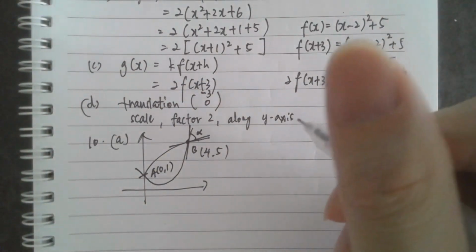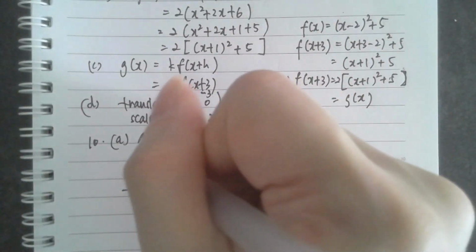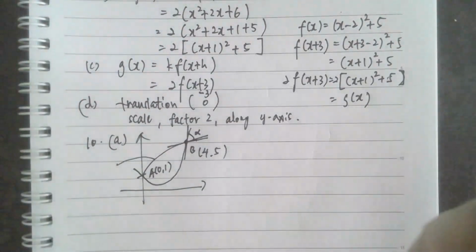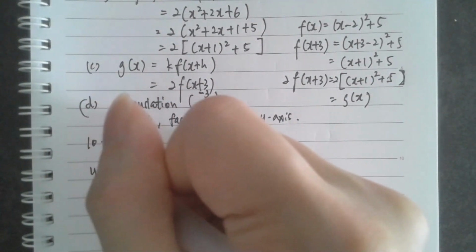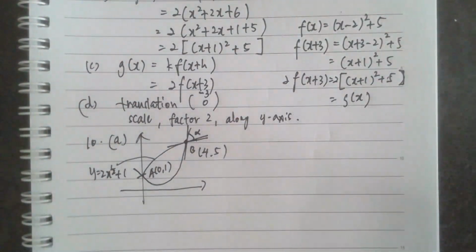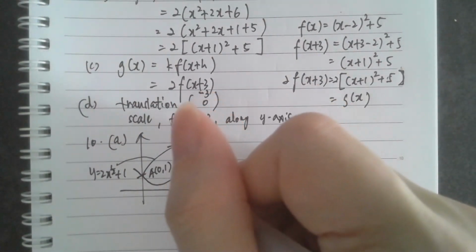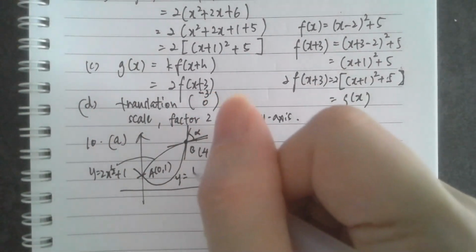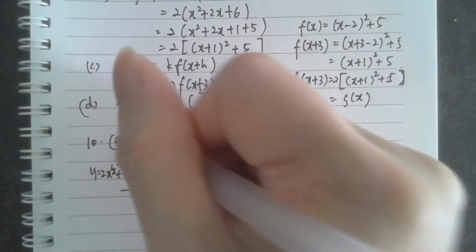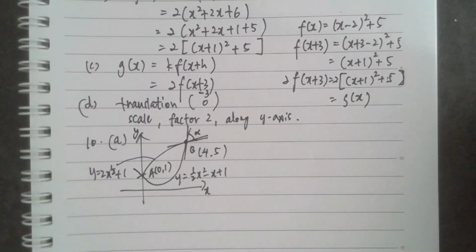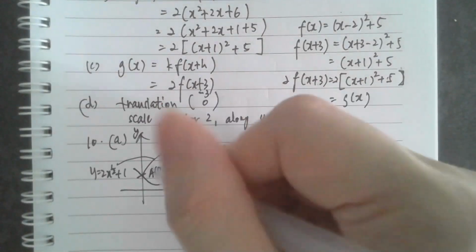The upper curve has the equation y equals 1/2 x plus 1. The lower curve has the equation y equals 1/2 x squared subtract x plus 1. So part A, find the area between the two curves.